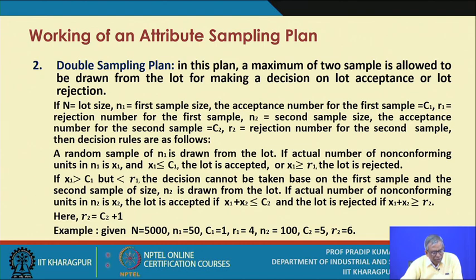If x1 is greater than c1 but less than R1, the decision cannot be taken based on the first sample, and the second sample of size N2 is drawn from the lot. If the actual number of non-conforming units in the second sample is x2, that is also a random variable. It varies from one sample to another.